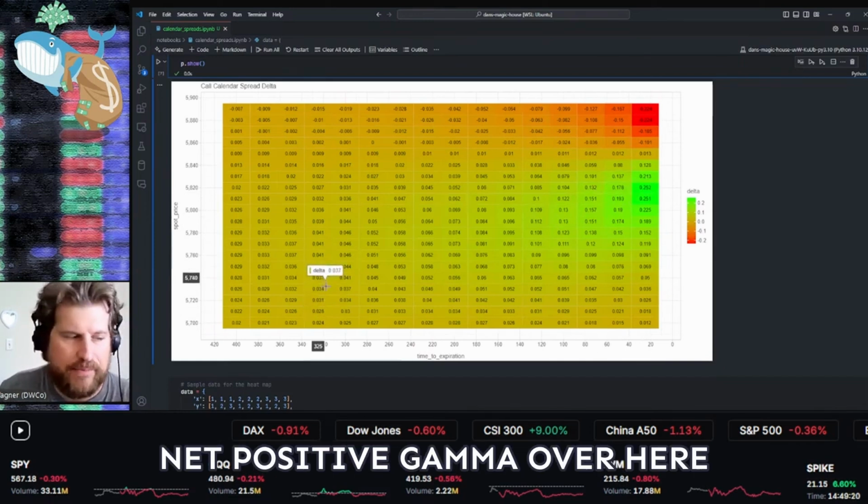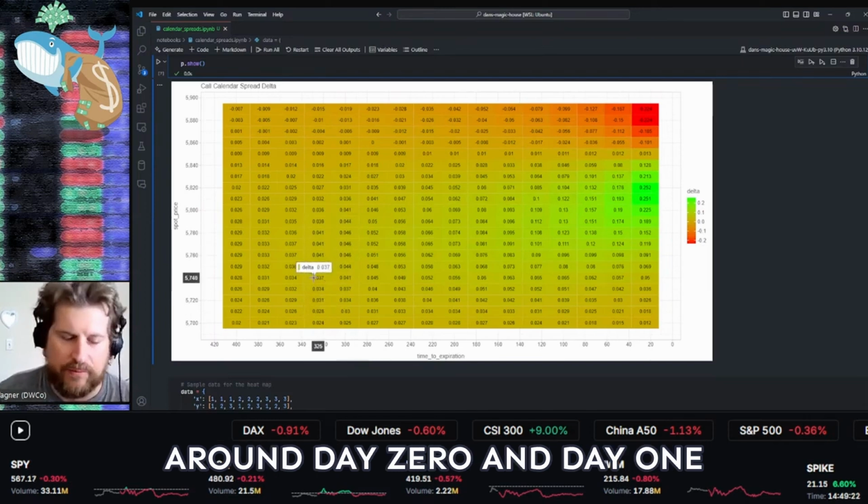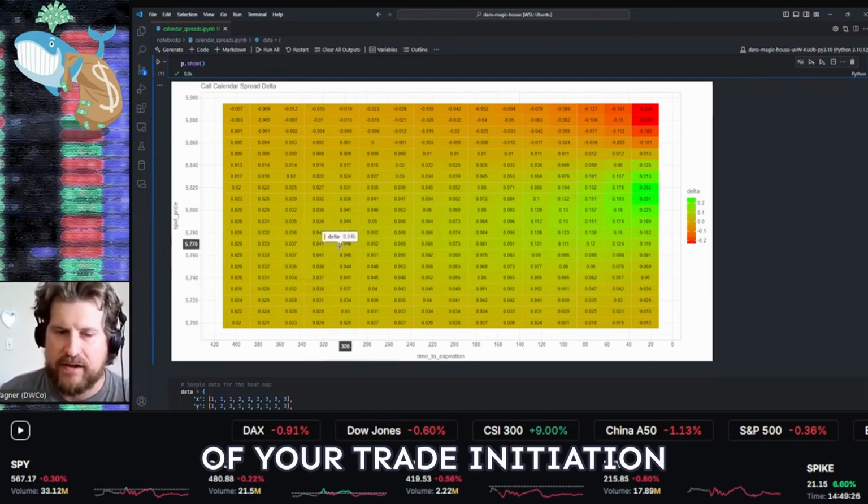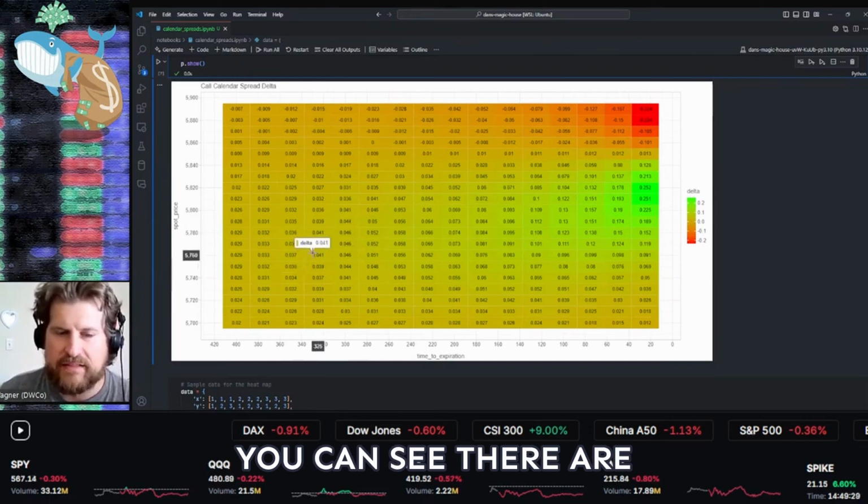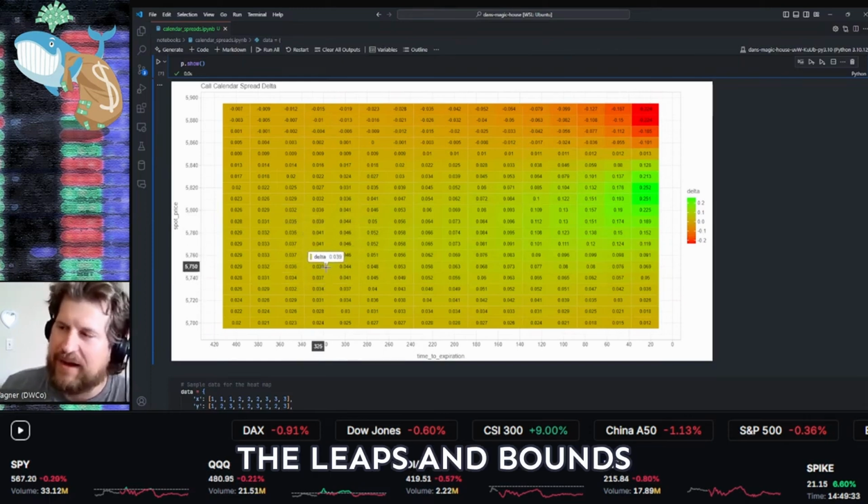You're still going to be net positive gamma around day 0 and day 1 of your trade initiation. And you can see there are leaps and bounds, so to speak, right?